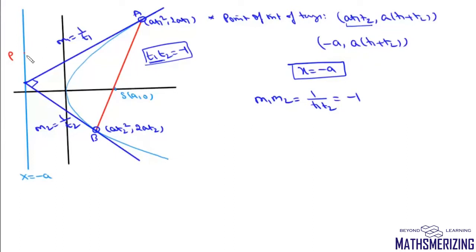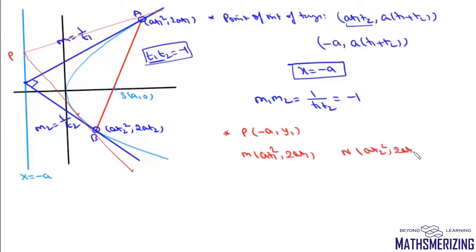So say from this point P, we draw two tangents to this parabola which touch this parabola at t1 and t2. So we have this point P which lies on directrix, (-a, y1), and it touches this parabola at 2 points, maybe M, which is (at1², 2at1), and N, which is (at2², 2at2).